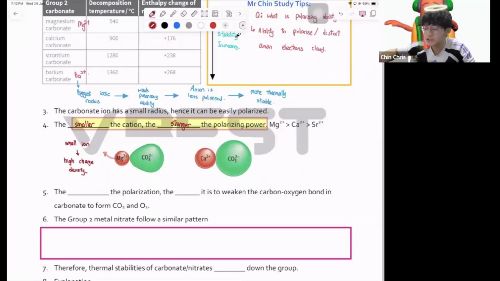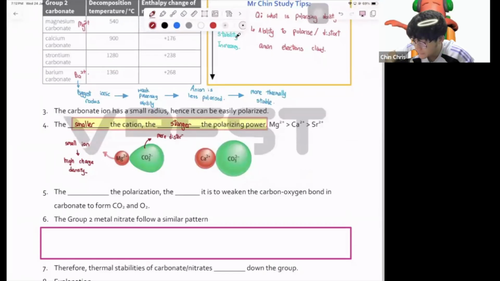What is the electron cloud? The electron cloud is basically the shell. All these are the electron cloud. Let's say this is a 2+ ion, which is highly charged. If you place an anion to the side, this anion will get pulled towards the magnesium 2+. Do you see that the anion is more distorted now?